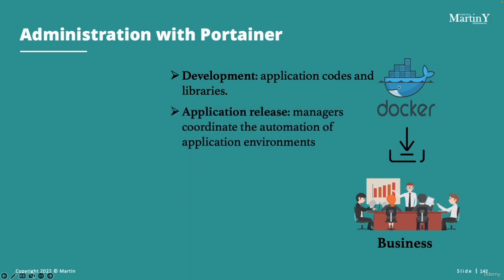In the second stage, managers coordinate the automation of the application environments, which include Docker construction, testing, and deployment drivers. And finally, in the last stage, the containers are deployed in production and remain operational and available until they are out of scope. This is the stage at which the final challenges are critical, such as orchestration and governance, security, and container monitoring.